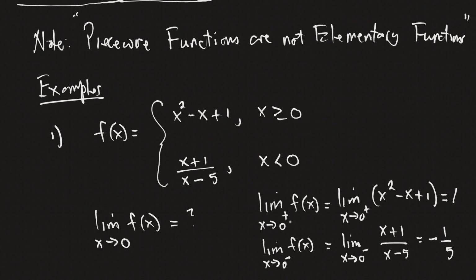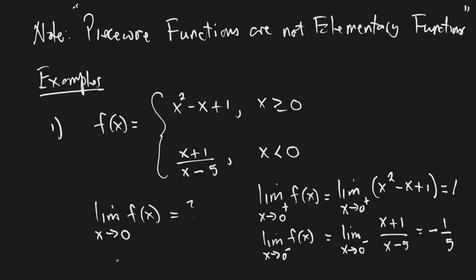So we have one-sided limits, right? The limit from the right is equal to 1, the limit from the left is equal to negative 1/5, but because these are not equal, what this means is that the two-sided limit does not exist, right?